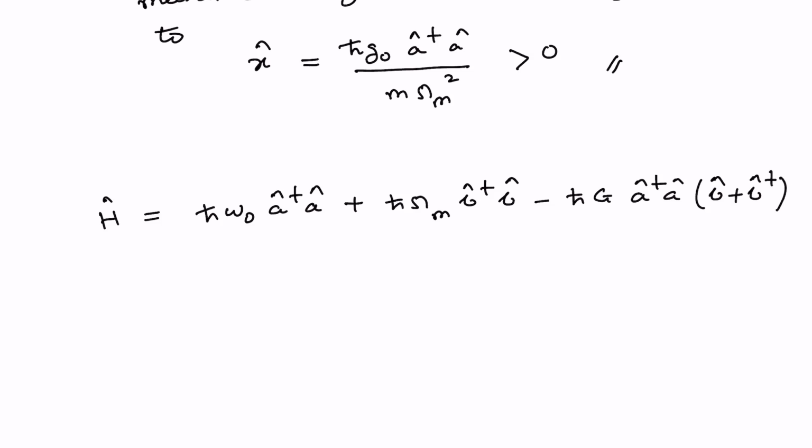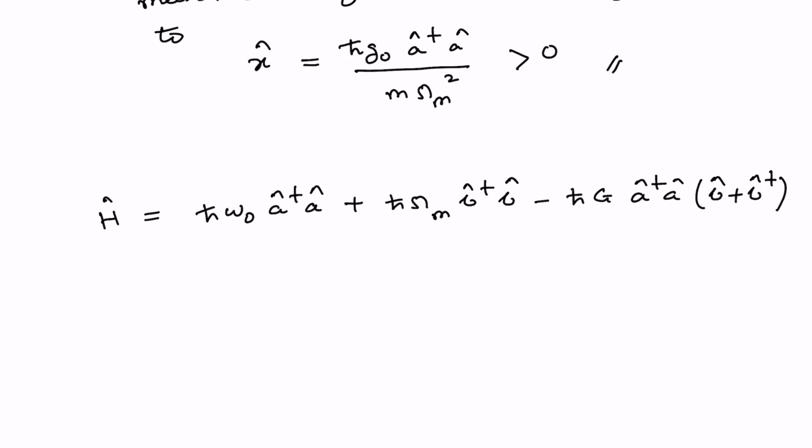So this is what we have, our original Hamiltonian without the laser drive term. For our analysis, we are not considering the laser drive term, and also we are not in the rotating frame of the laser. That's why the detuning term, the delta term, is not here.